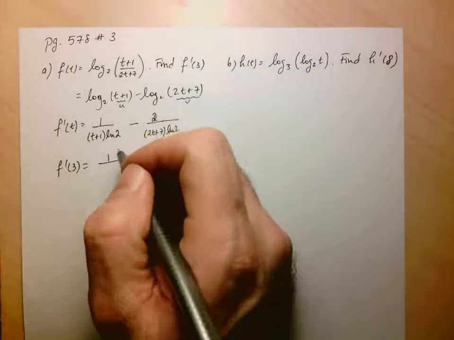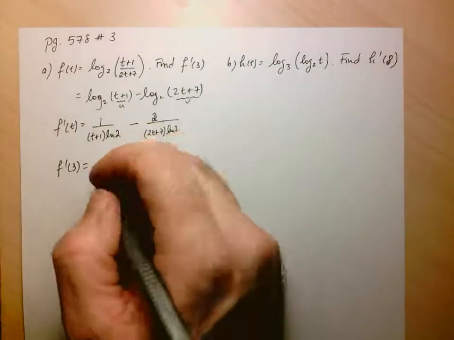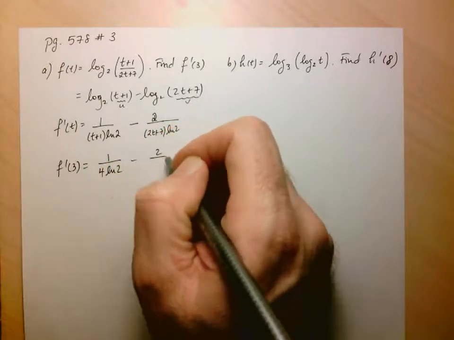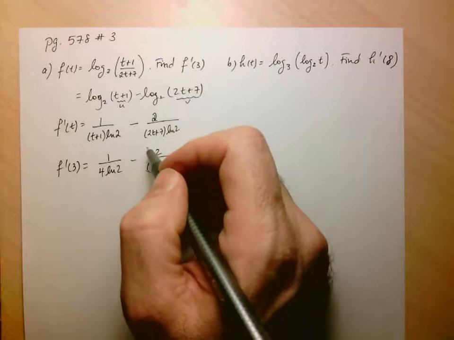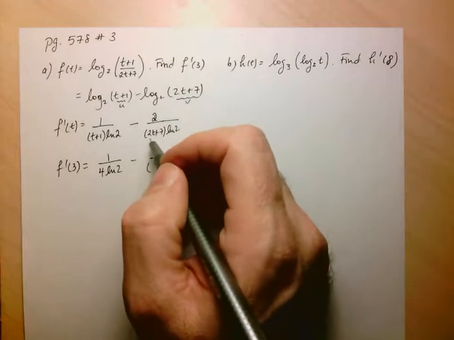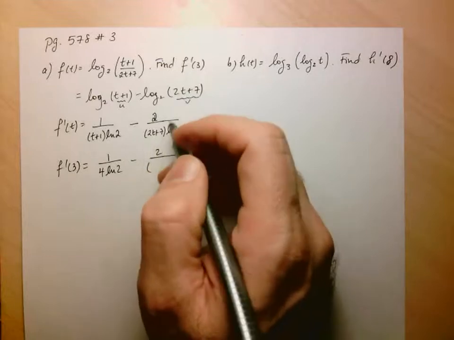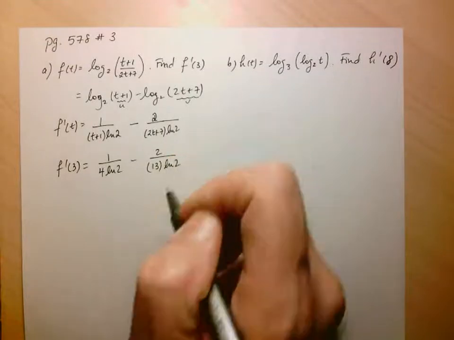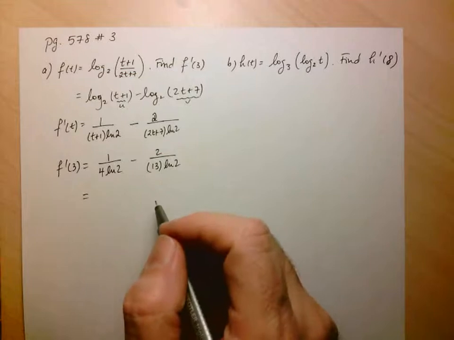So what do we have? We have 1 over, so 3 plus 1 is 4, so 4 ln 2, minus 2 over 2 times 3 is 6, plus 7 is 13, so 13 times ln 2. And so we'll work with a common denominator.